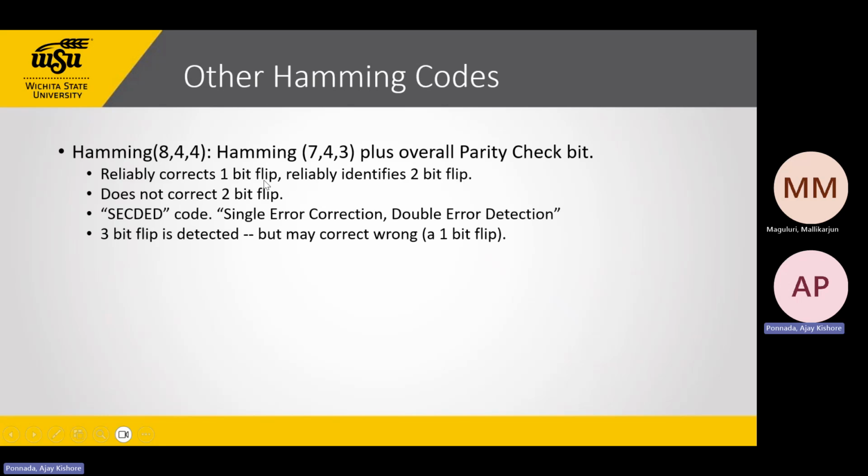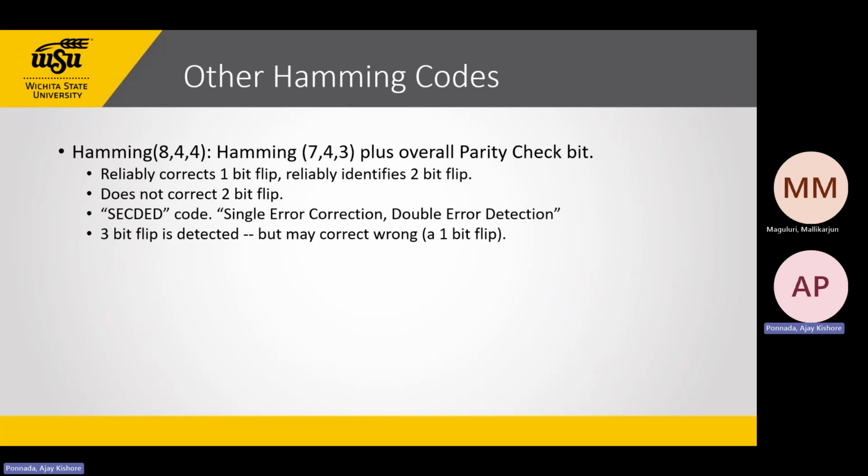So other Hamming codes like 8 4 4, which is 7 4 3 plus an overall parity bit check. So we have 7 bits: 1, 2, 3, 4, 5, 6, 7, and we are adding a parity right there. So it means it's 8 bits now. It's actually 7, but we are adding an overall parity, so it's 8.